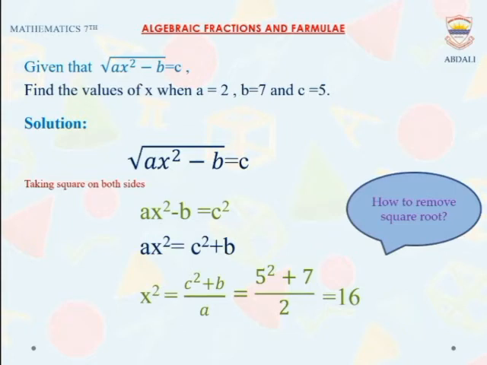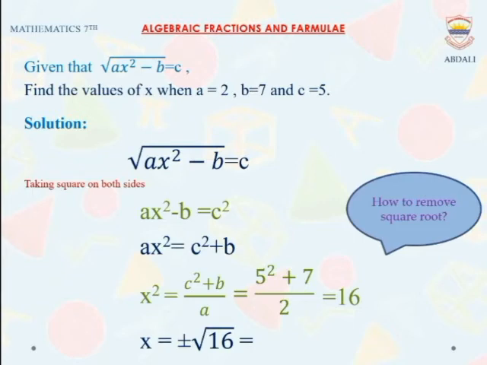Class, watch the question carefully. We have to find x. So we know that to find x we have to remove its square. It is the answer of x square and we have to find x. So we know that to remove square we have to take square root on both sides. So when we take square root on both sides, it becomes x equals plus minus square root of 16.